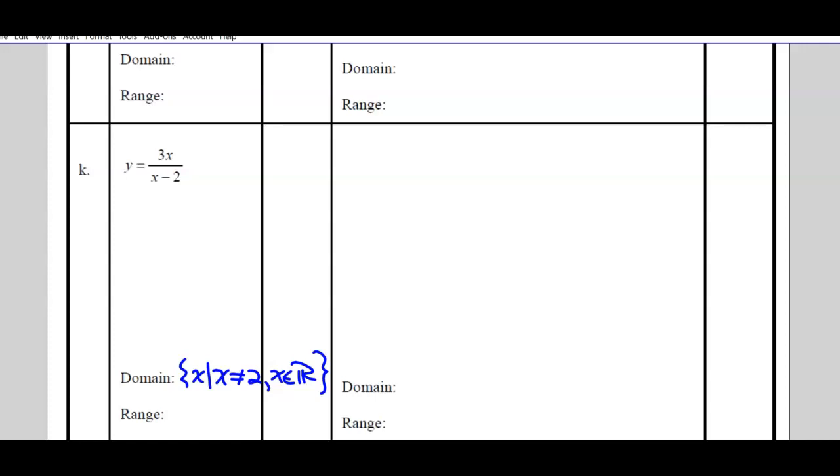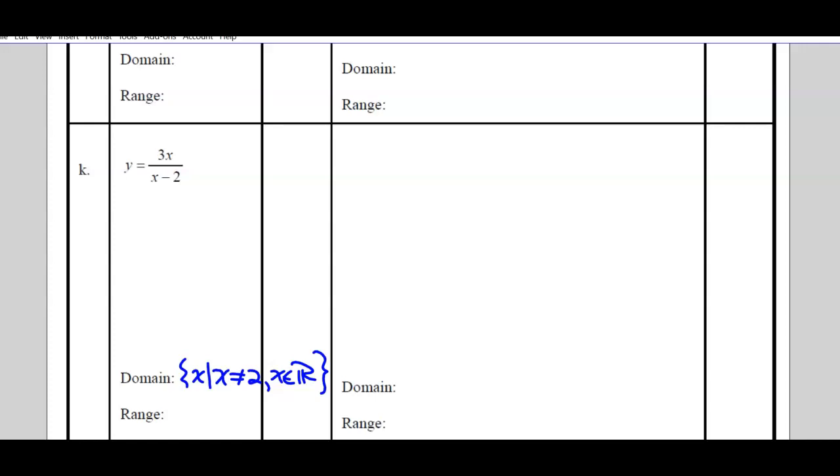Right. What about a horizontal asymptote? We talked about it. You go, x is infinity. So let's say x is 1,000,000, which is not close to infinity, but whatever. Big. This would be 3,000,000 over 1,000,000 minus 2. So what y value is that approaching?